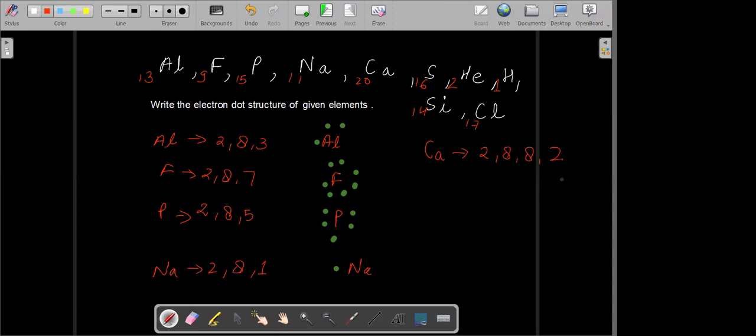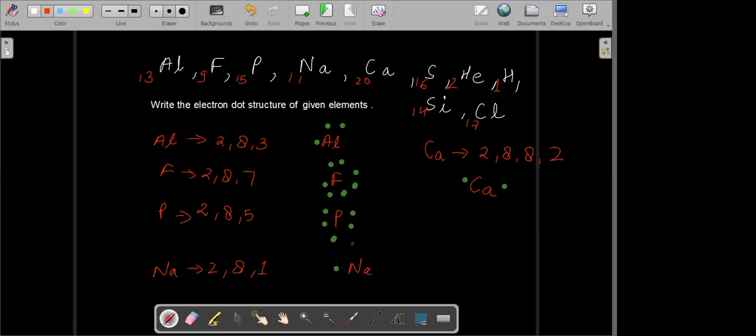It's not 2, 8, 1, 8. It's 2, 8, 8, 2. So calcium can take just 2 electrons. You can make them on either side. Even if you make both on one side, it's not incorrect. It's also correct. So this is calcium.